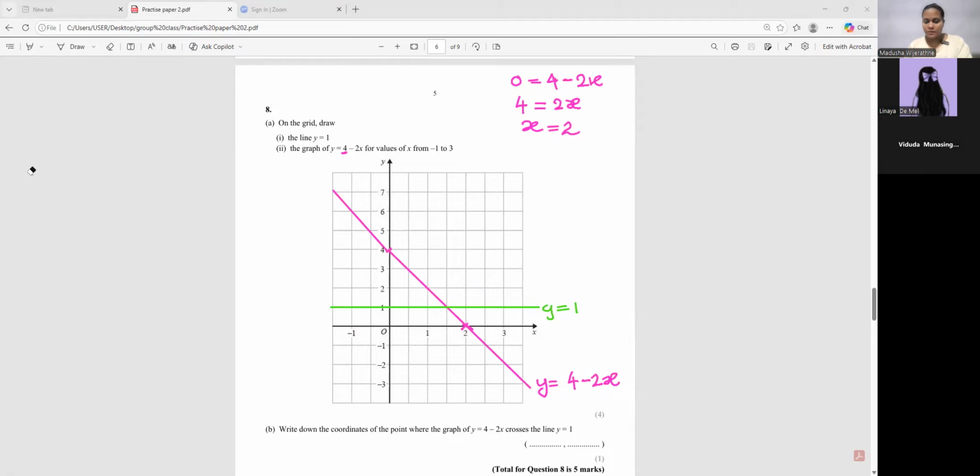Then the intersection point comes this way. The x coordinate is 1.5 and the y coordinate is 1. So 1.5 and 1. 1 mark for writing the coordinates, 4 marks for the graph.